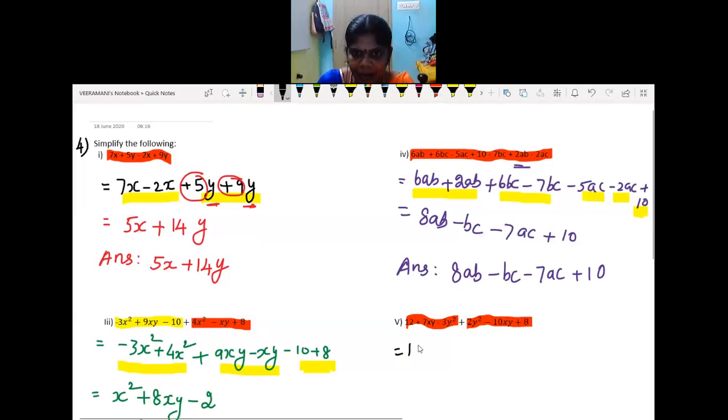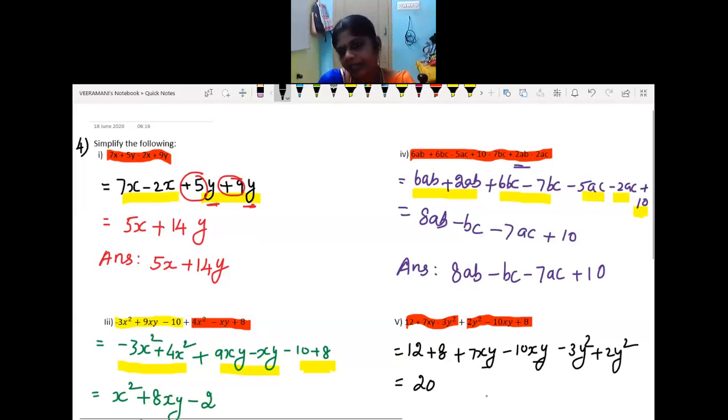So 12 plus 8 plus 7xy minus 10xy minus 3y square plus 2y square. So 12 plus 8 you get 20.